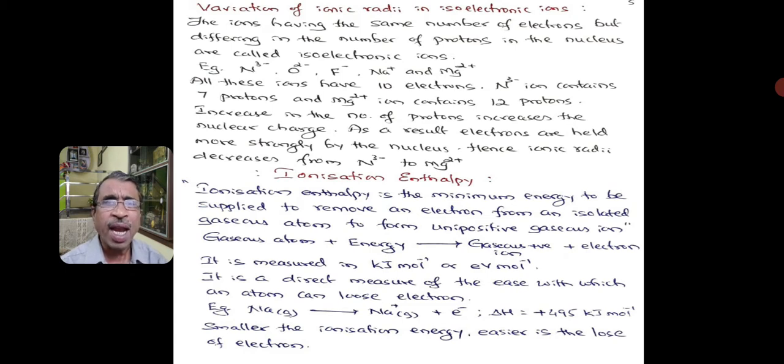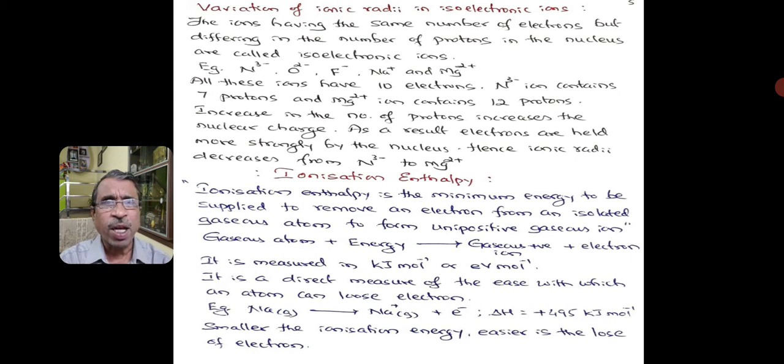You have to take an atom in gaseous state. When we supply energy, that also should be in the isolated form. When energy is supplied to this atom, the isolated gaseous atom takes energy and one of the electrons in the atom gets ejected.